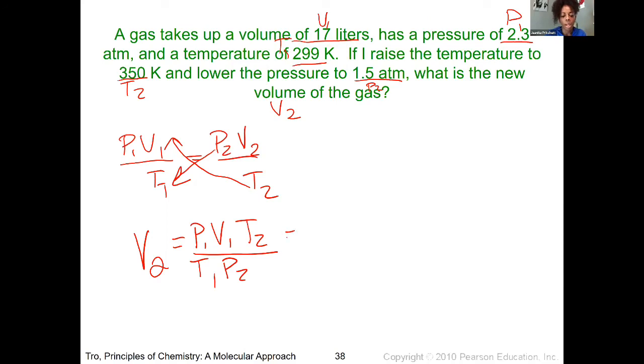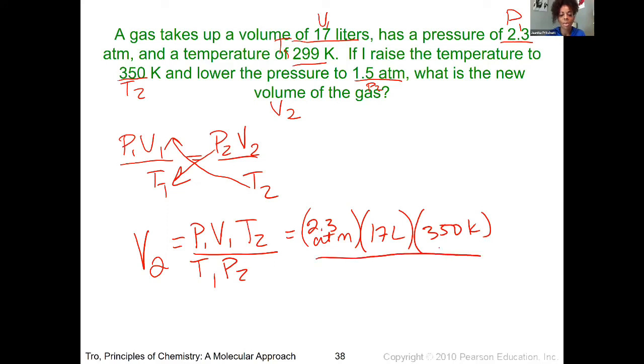Now we're ready to plug and chug. So P1 is 2.3 atmospheres. V1 would be 17 liters. T2 would be 350 Kelvin. T1 would be 299 Kelvin. And last but not least, P2 would be 1.5 atmospheres.